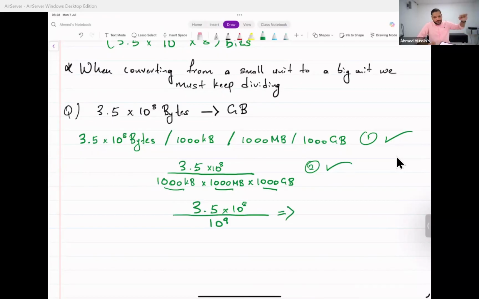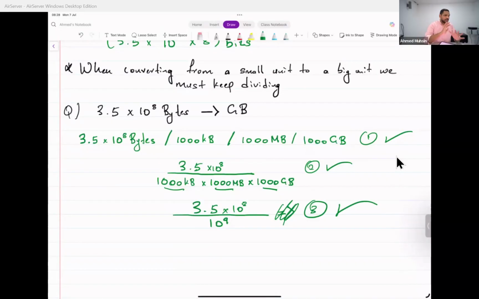On top, you have 10 to the power of 8. At the bottom, you have 10 to the power of 9. You can simplify those two if you want. Or you know what? Don't go there. I'm confusing everybody. Stop here. This is method number 3. Method number 3 is also right. All of this gives you the same answer. Three different ways of writing your answer.